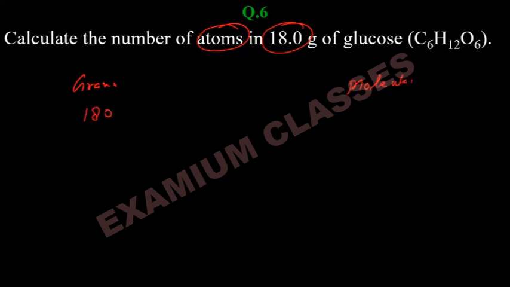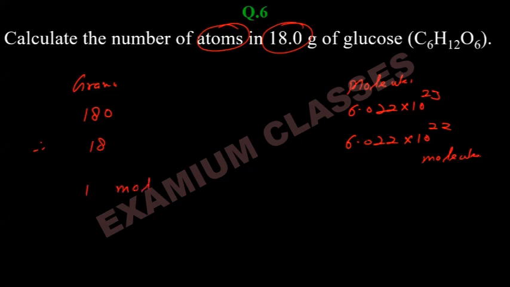In 180 grams, you have 6.022 into 10 power 23 molecules. Hence, by applying unitary method, in 18 gram you will have 6.022 into 10 power 22. Is that clear till here? Yes, sir. These many molecules, but one molecule has 24 atoms. Why?